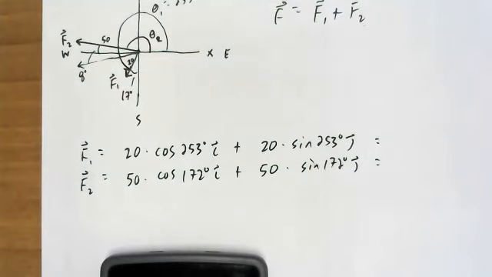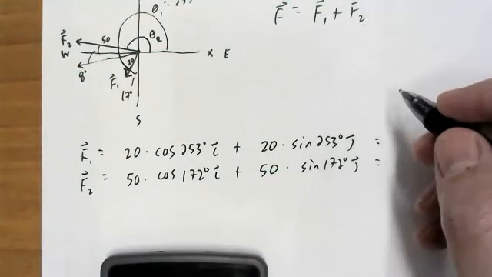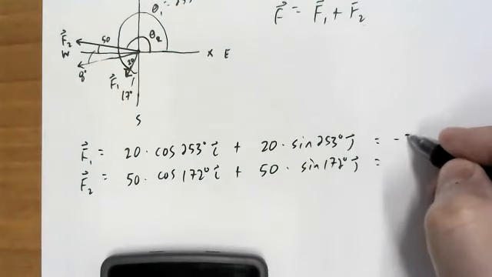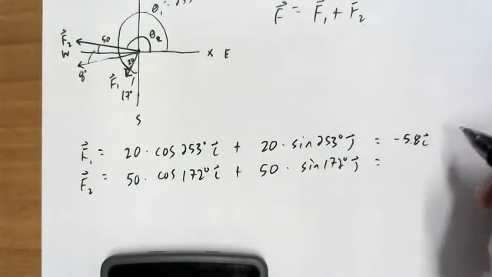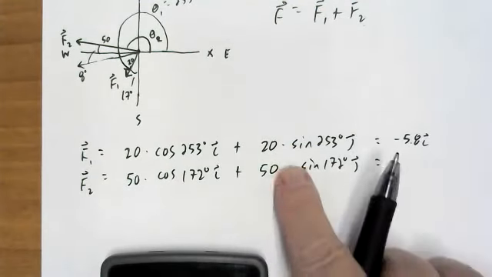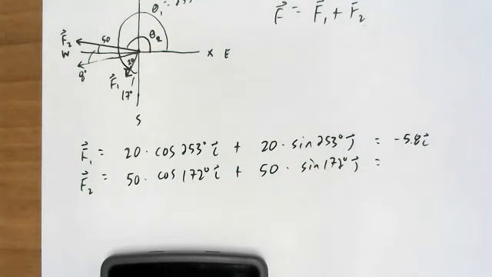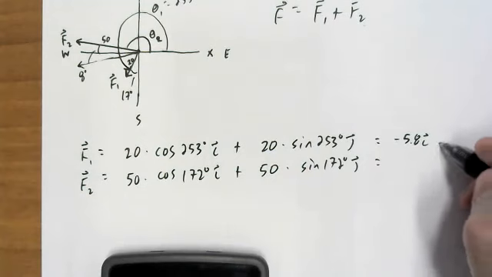So 253 cosine times 20 is negative 5.8 I. Now in a minute, we're going to look at these vectors and see if these numbers make sense. And then 253 sine times 20 is negative 19.1.